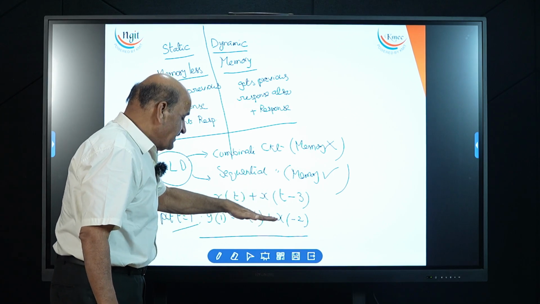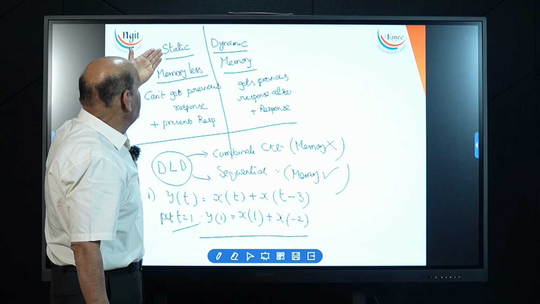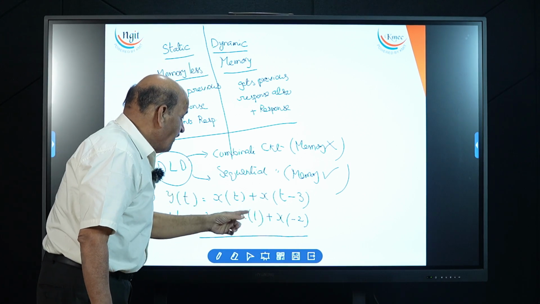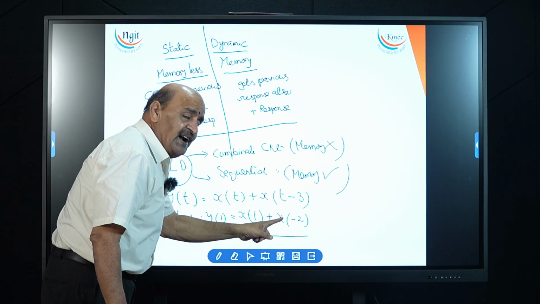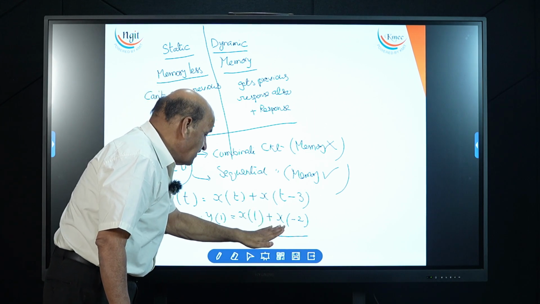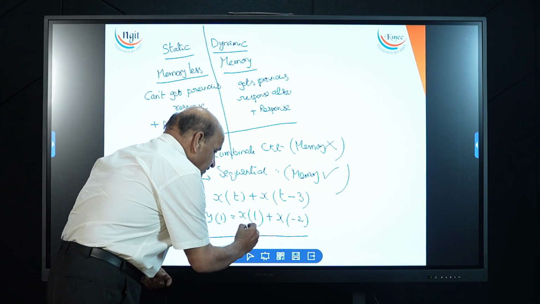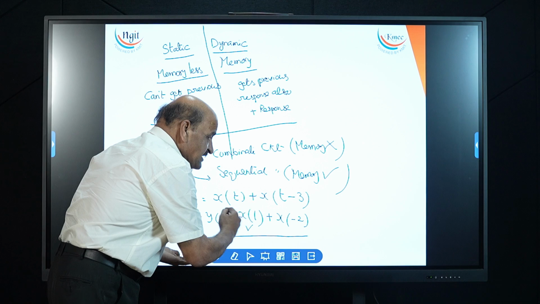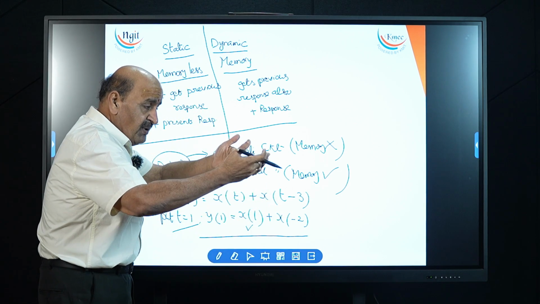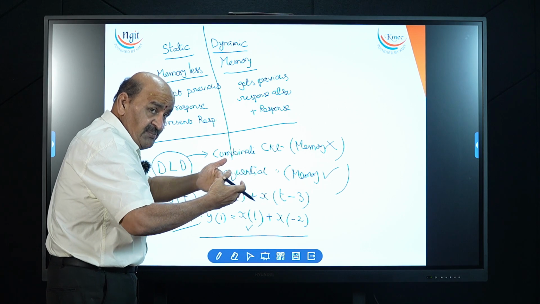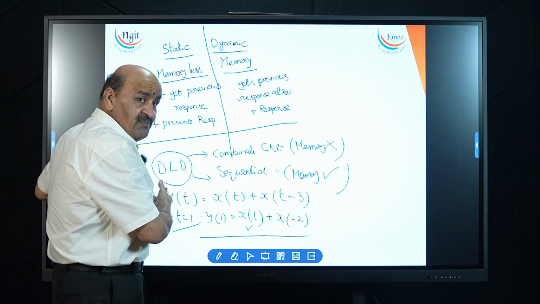Here you can decide whether the system belongs to static or dynamic. Static means the system should respond only to the present value, x equal to 1. X equal to minus 2 means, after moving backward from 1, you get 0, again going backward minus 1, again going backward minus 2.